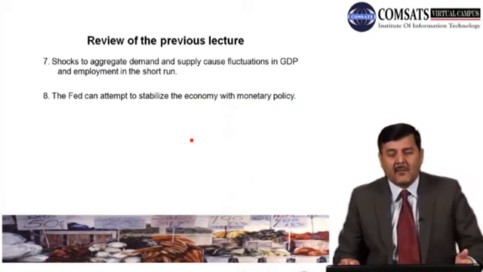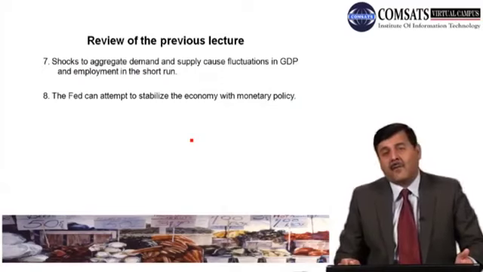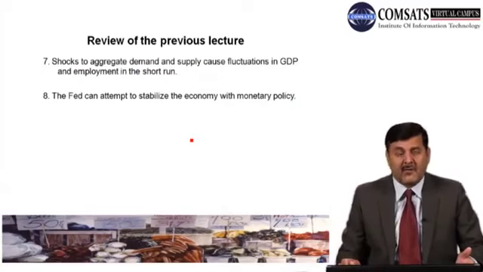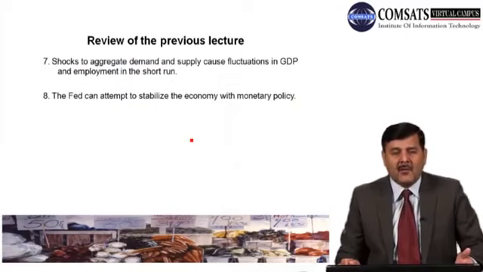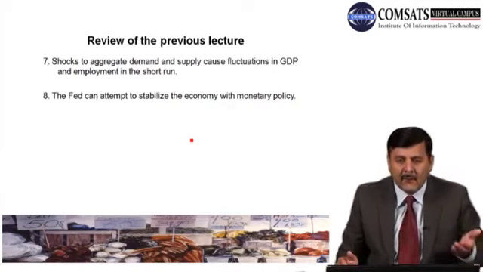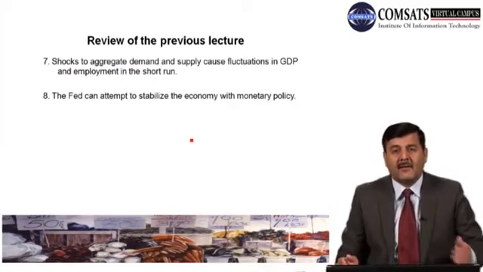Aggregate demand and aggregate supply is the framework which analyzes economic fluctuations, and the government or the Fed can use monetary policy to stabilize the economy, right, by increasing or decreasing the money supply as and when it is required.